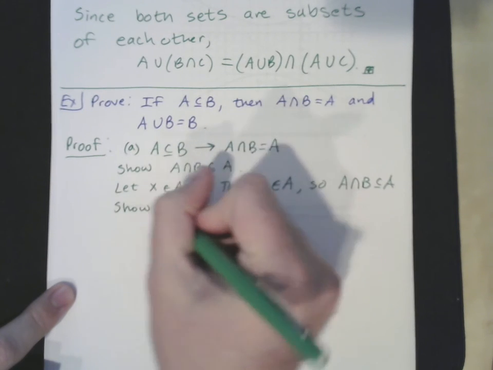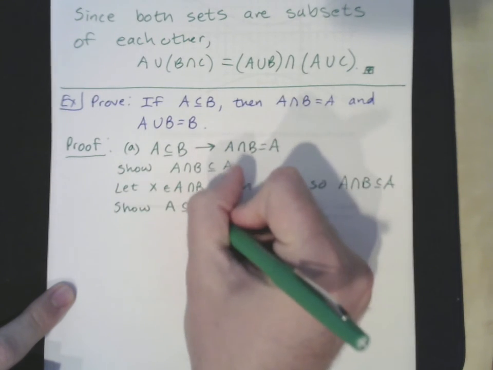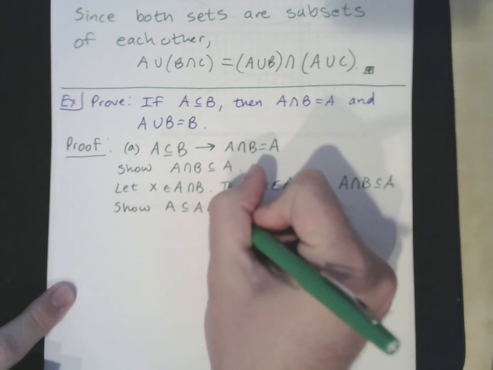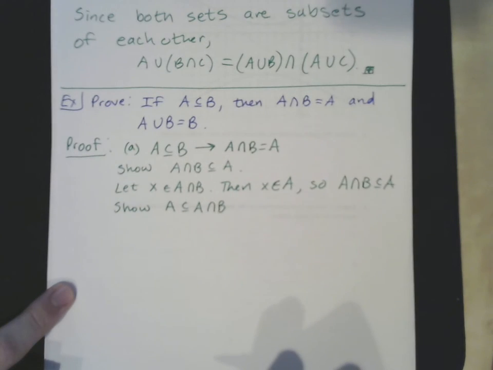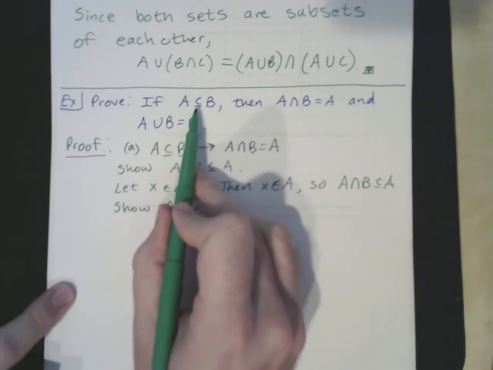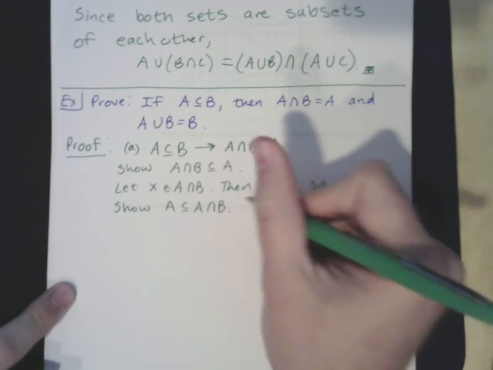Now we want to show that A is a subset of A intersect B. Now this part requires the initial hypothesis.